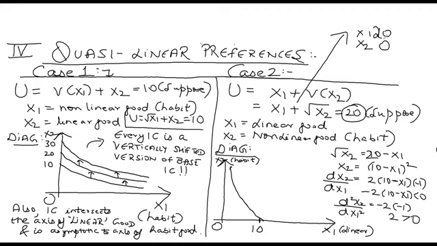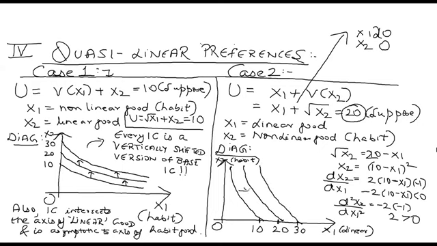If you draw the new IC, it is going to start from 20, but everything else will remain the same. If I make it 30, everything else will remain the same. It will remain downward sloping, it will remain convex to the origin, but only the levels are different.